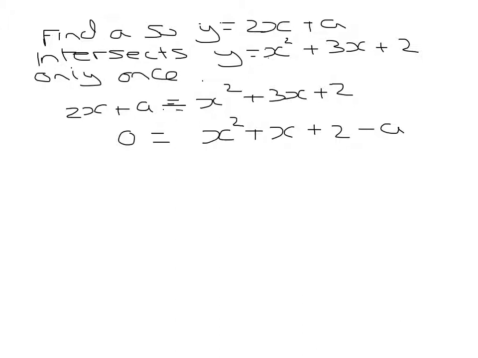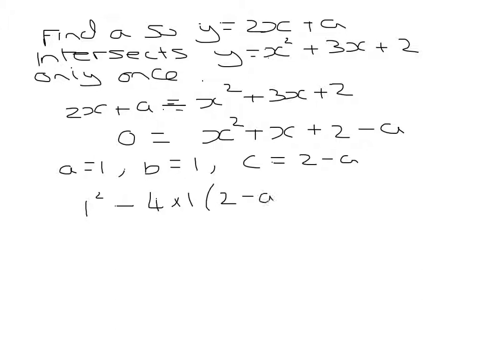Now for it to intersect only once, in other words it's a tangent, b squared minus 4ac must equal 0. Now in this case a is 1, because if there's no number it's a 1. B is also 1, and C is 2 minus A. So B squared minus 4AC becomes 1 squared minus 4 times 1 times 2 minus A. And we know it must equal 0 for there to be only one intersect.